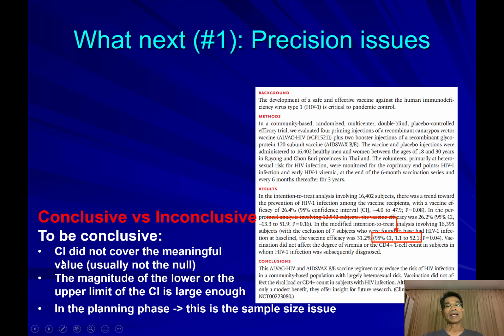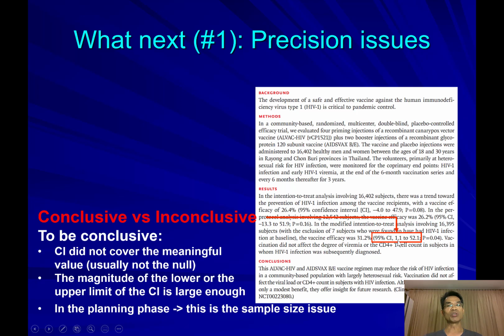Then, after we know about everything here, how this is calculated and what the theory behind it is, from the previous episodes, what next? The first one is about precision issues.